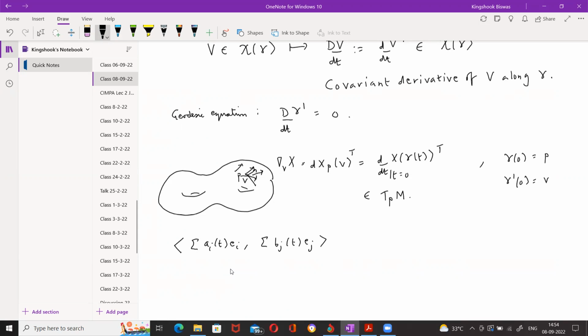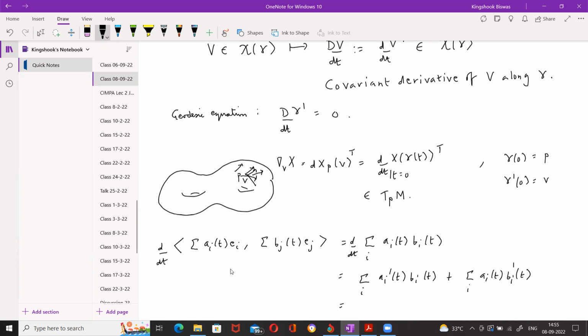And so this becomes what? This inner product is just the sum over i of a_i of t b_i of t. So if I differentiate this, d/dt, then I'll get summation a_i prime of t b_i of t, plus summation a_i of t b_i prime of t.